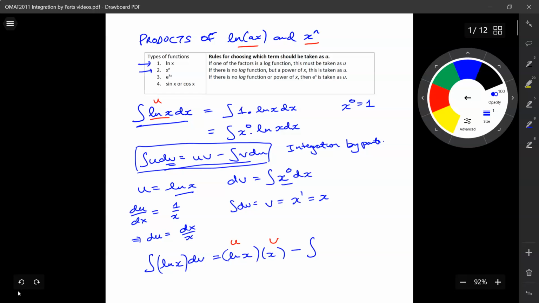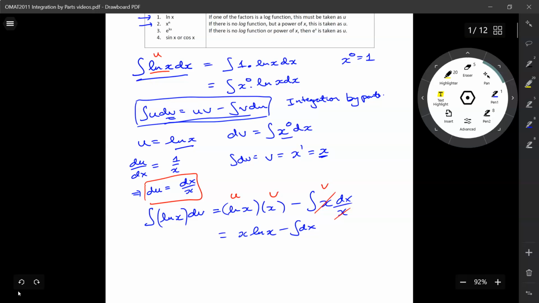So v is x, and du is dx over x. You can see straight away that the x will cancel with that x. If I swap this around so it's a bit neater, with the x out the front, that is equal to x times the log of x minus the integral of dx.